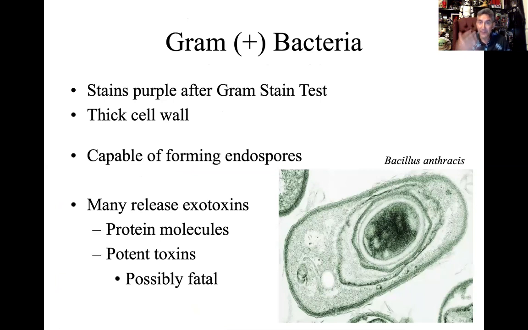To complicate things, gram-positive bacteria have a lot of peptidoglycan, and they're able to form endospores, right? They're releasing exotoxins, but in certain situations, they can form endospores. Endo refers to inside. So let's say that you have a gram-positive infection, and you get the correct antibiotics.